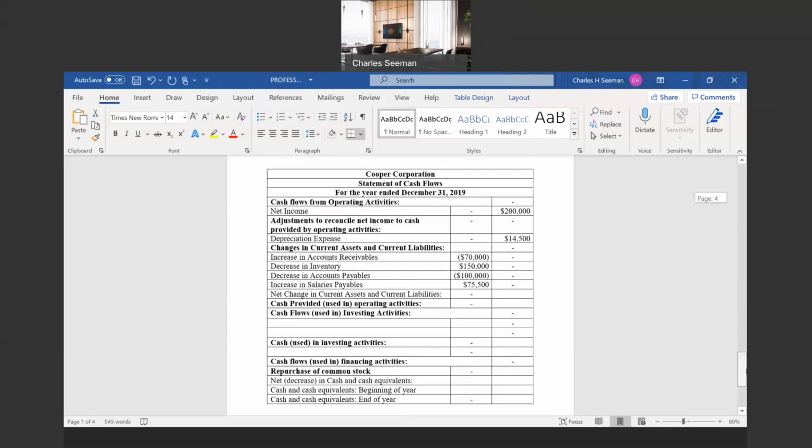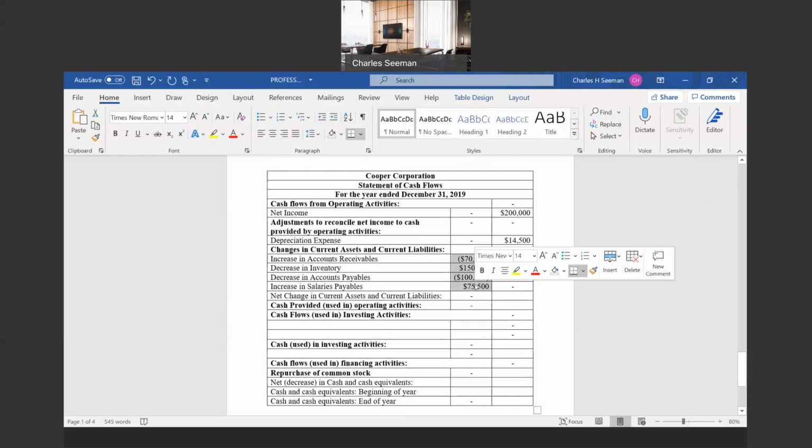Okay, so now we're going to add these numbers up to get the cash provided or used in operating, the net change in current assets and current liabilities.